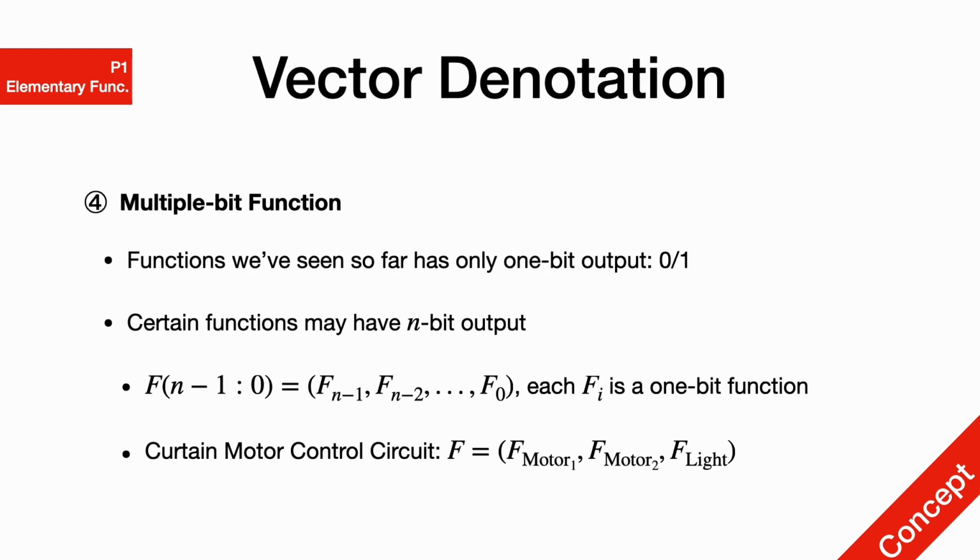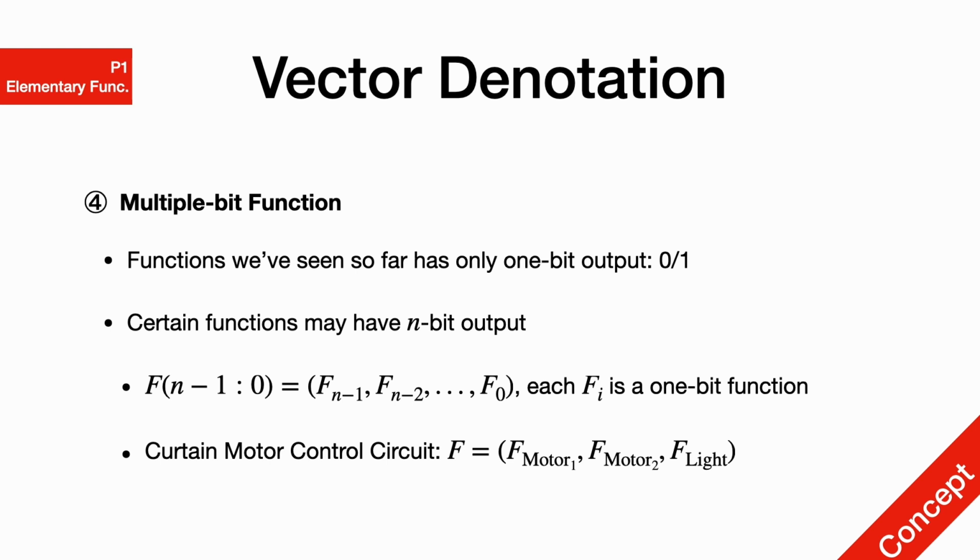Another very important concept that we will need to discuss over here is the concept of using vector denotation. Inside LogicWorks, you have already seen this in the previous tutorials. This is similar to buses. A multi-bit function is essentially a function such as a function f over here.